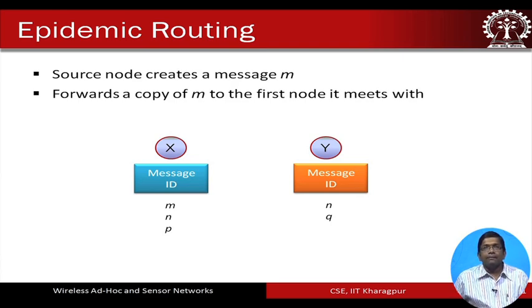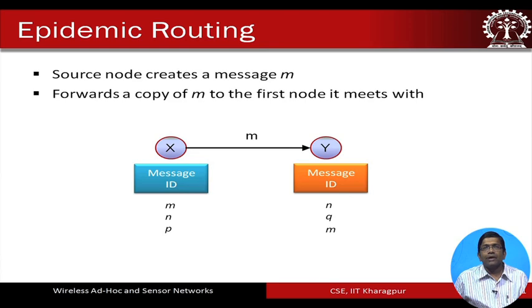This is what is going to happen. The source node first of all creates the message m. It creates a copy of m and forwards it to the first node y that it meets.